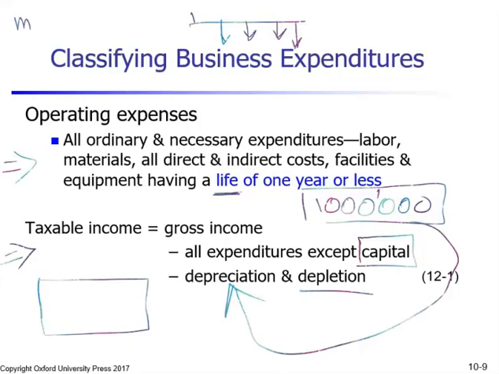Just imagine, for example, there is $1 million worth of minerals that over 10 years becomes zero. So it is called depletion, and it should be considered as operating expenses.